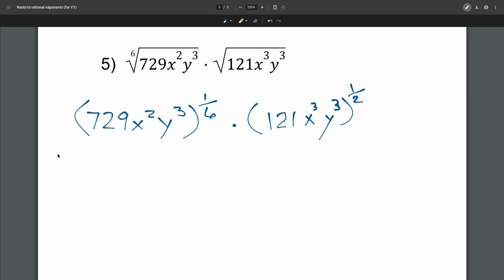Okay, so let's break this apart. So we have 729 to the 1/6 power times x to the 2/6, which is, let's just simplify it to 1/3.